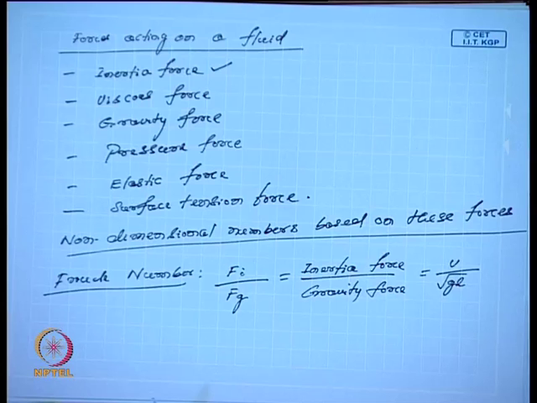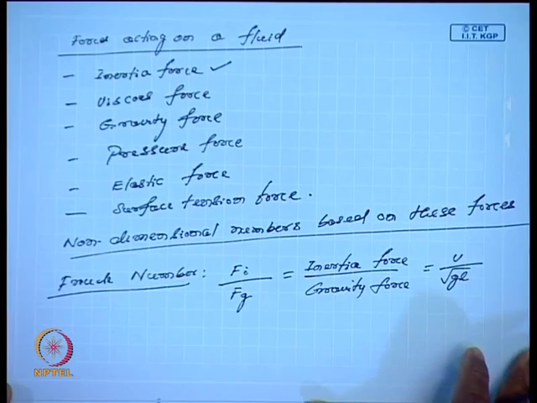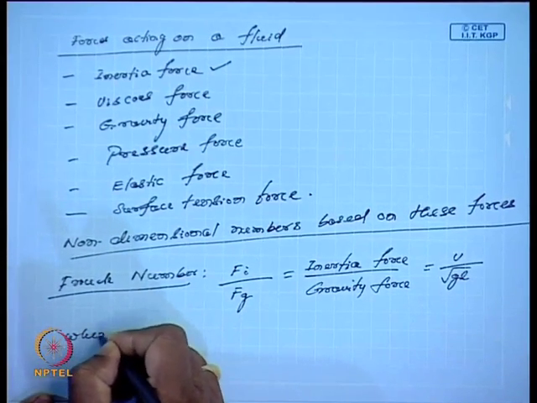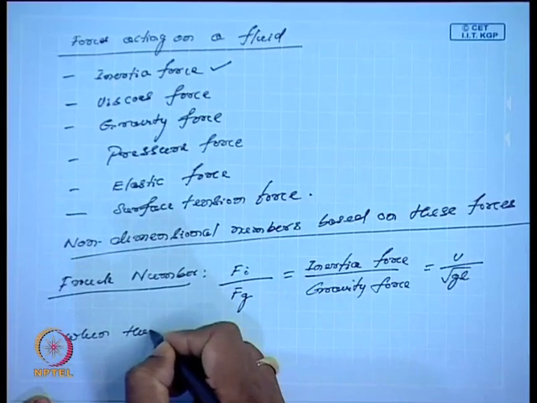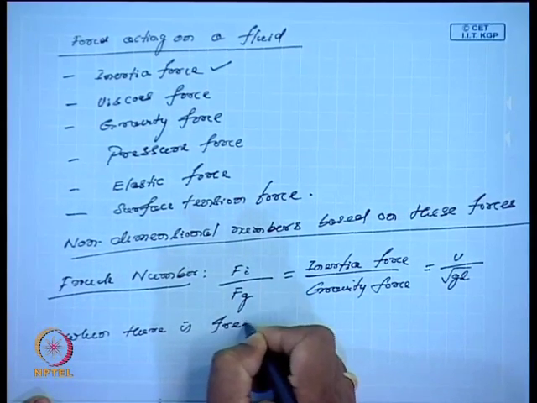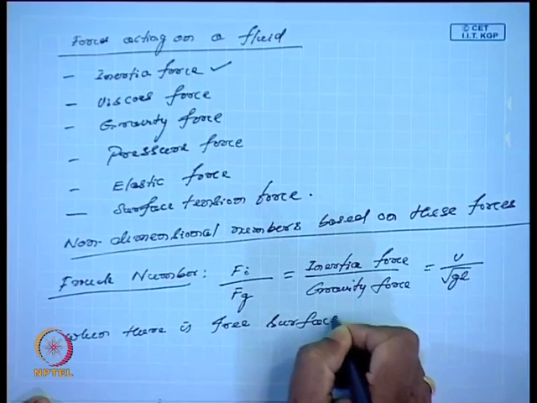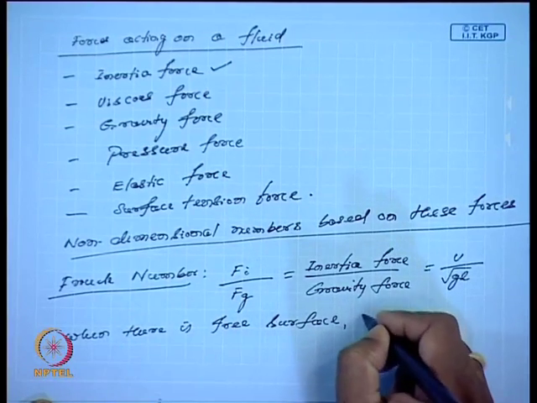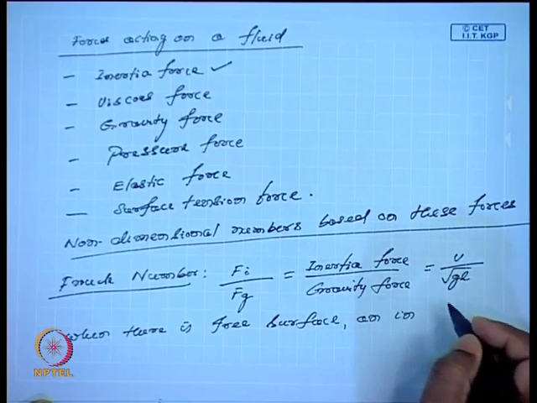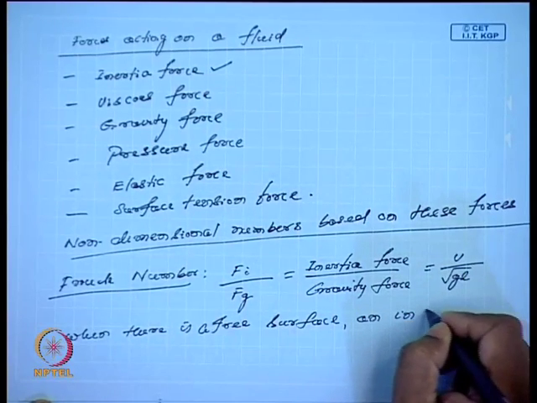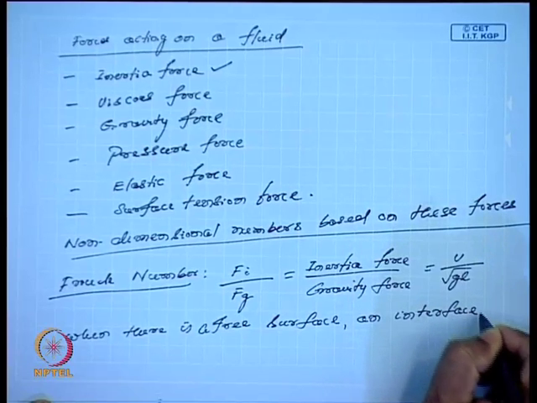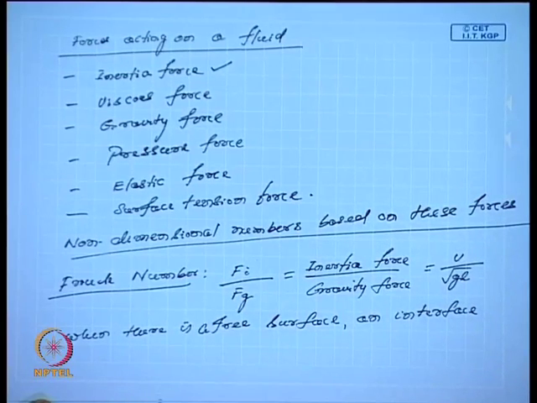And then this Froude number becomes very important when we deal with the flow when there is a free surface, flow associated with having a free surface, or even an interface, when there is a free surface there exists an interface between two immiscible fluids. This Froude number plays a very important role, particularly if you look at the motion of a ship in water or any submerged body, the Froude number plays a very significant role.